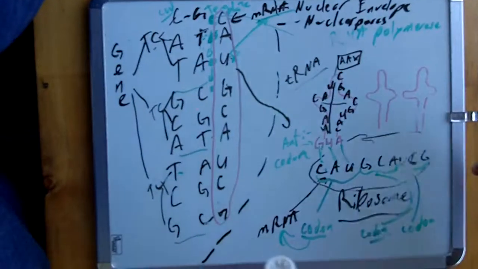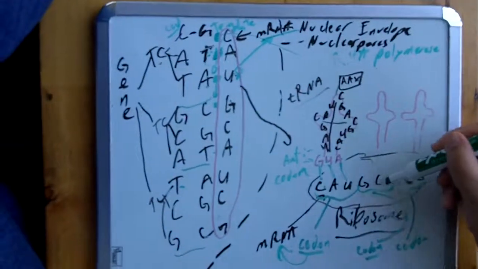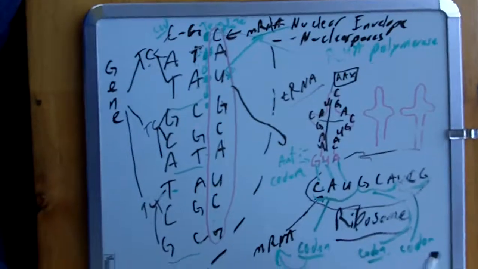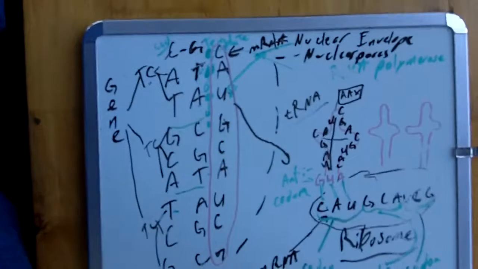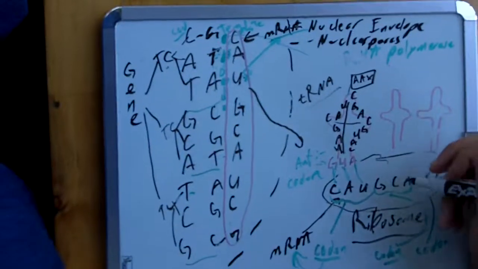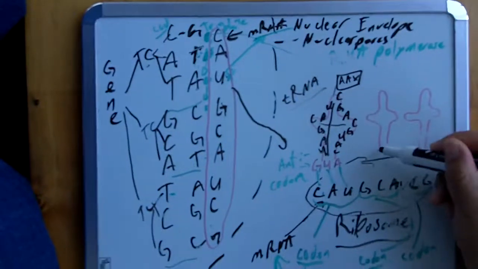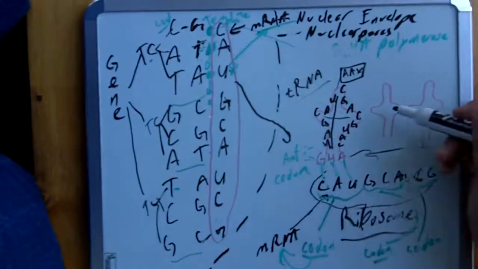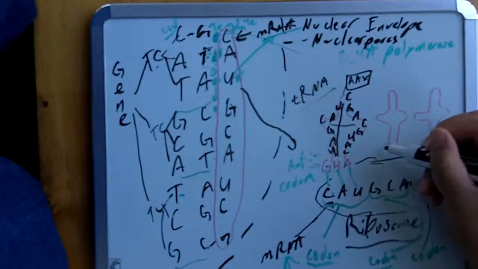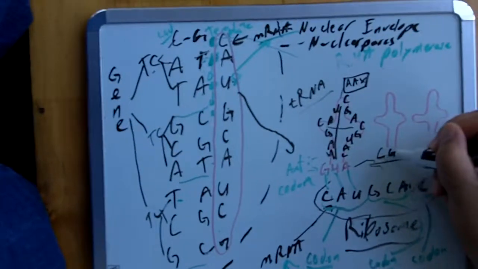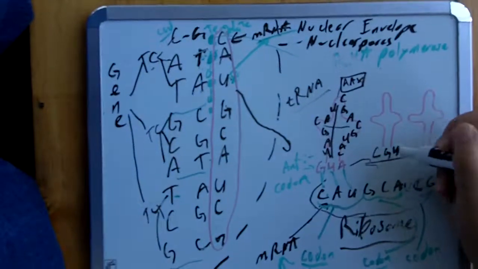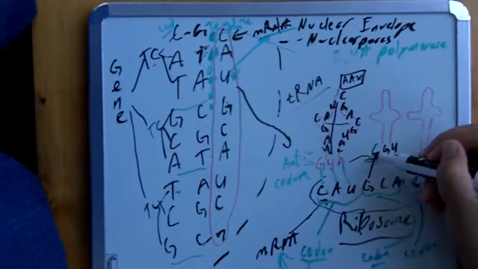Then what we do is we look at this one. I know it's getting a little hard to see. This right here is GCA. So what would be these three on the bottom of this tRNA? It would be C, G, U. Because G binds with what?